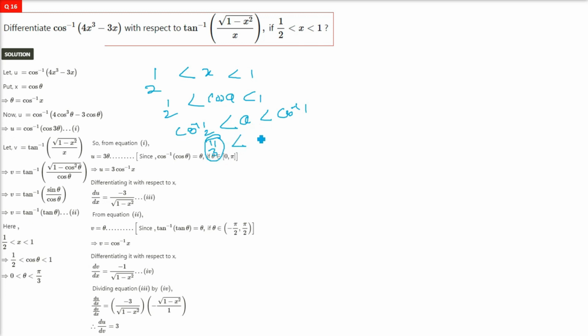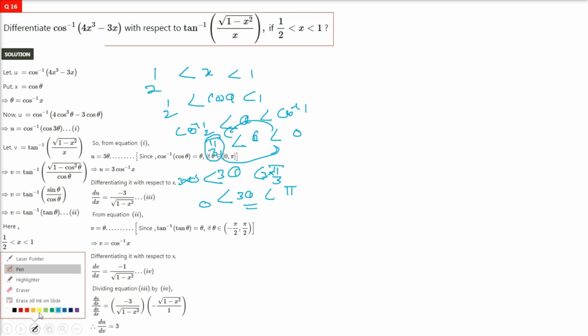So theta is between 0 and pi by 3, and for 3 theta, remember, you just multiply it by 3. So this is a check that you can verify. So whenever you verify this, you are quite sure that the approach you are adopting in this range, half and 1, is correct. So what do you get? From 3 theta, from pi and 0. So this is in the range which we have no problem.